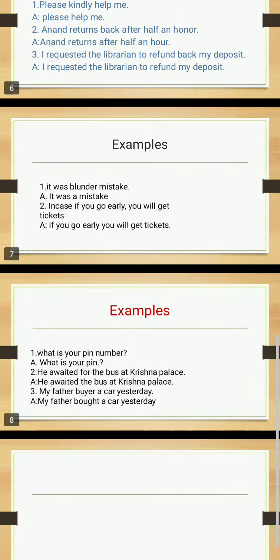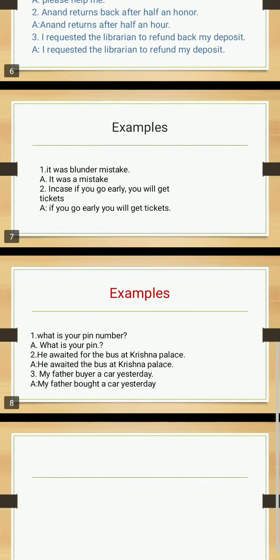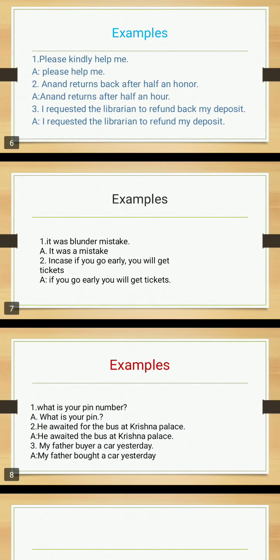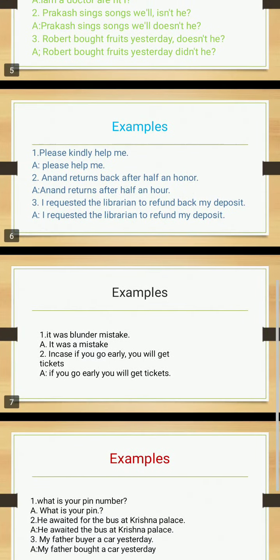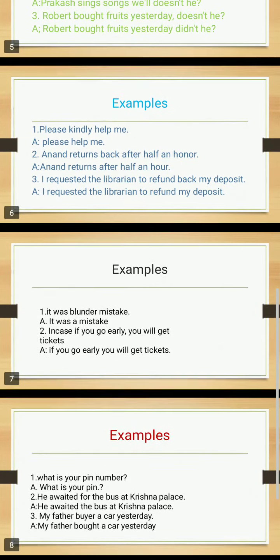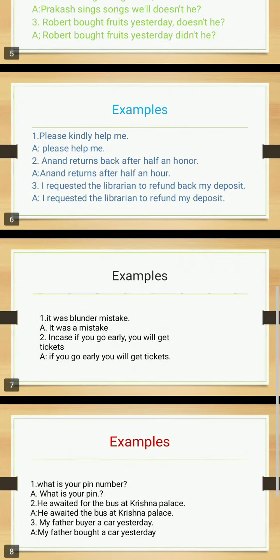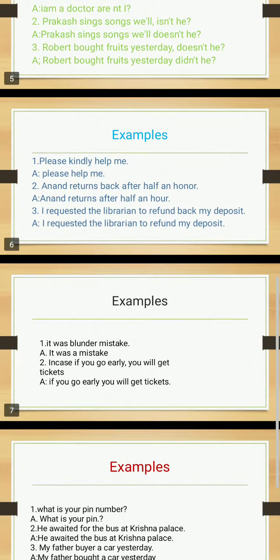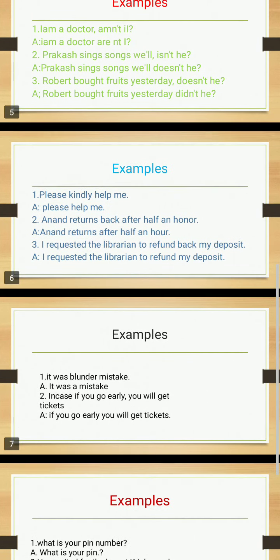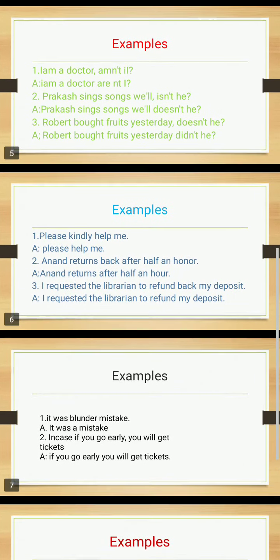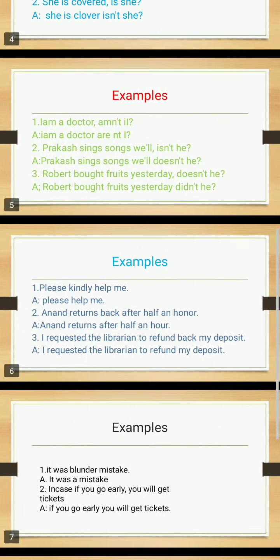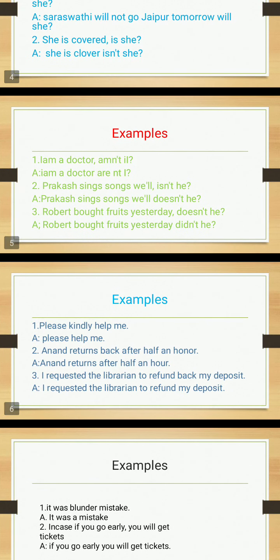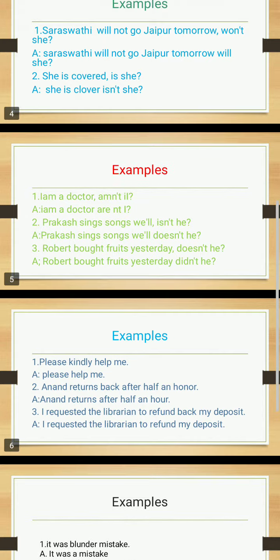This is related to simple past tense. What is the structure of simple past? Subject, V2 and object. Based on that, my father bought a car yesterday. For that reason, you should be very perfect in using suitable vocabulary. For that reason, you should have some practice on these slides.